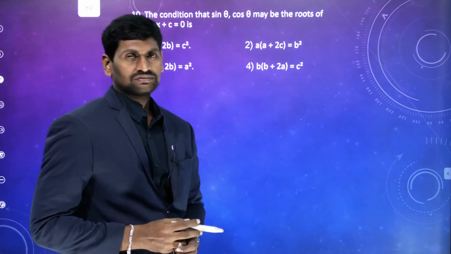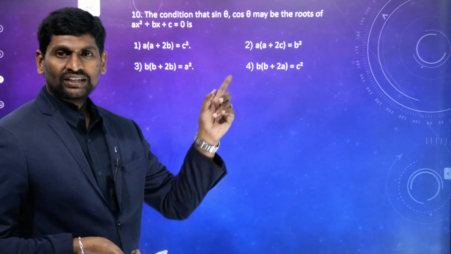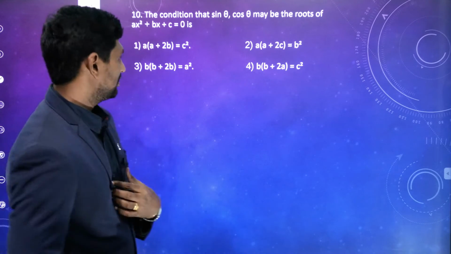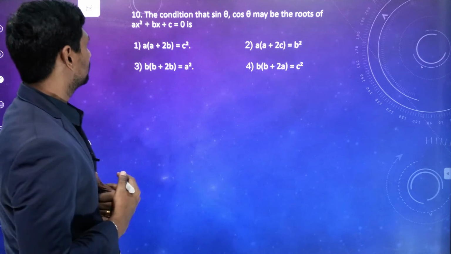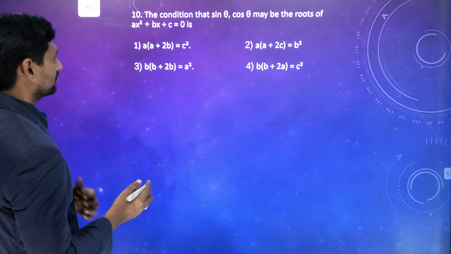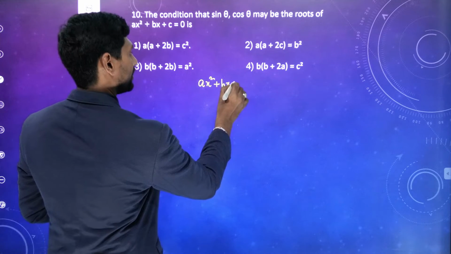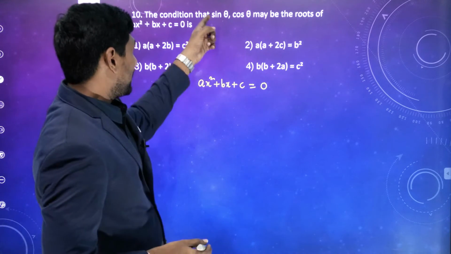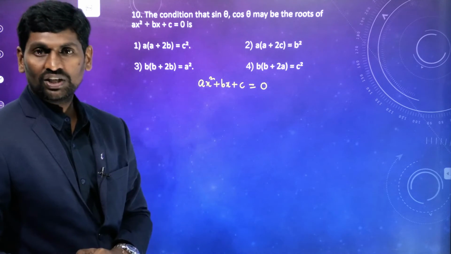The condition that sin theta and cos theta may be the roots. That means sin theta is alpha, cos theta is beta. We are taking like that. Now, sum of roots and product of roots of this equation ax square plus bx plus c equals 0. So, what is the equation? Ax square plus bx plus c equal to 0, nothing but the general form. And sin theta, cos theta are roots of the given equation.